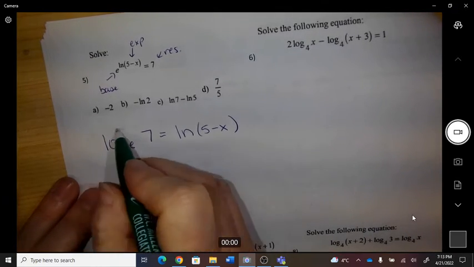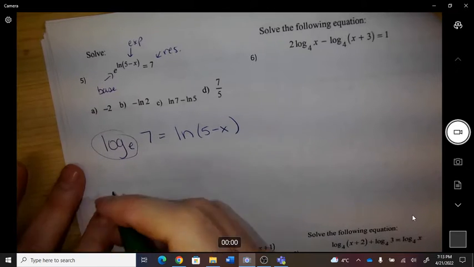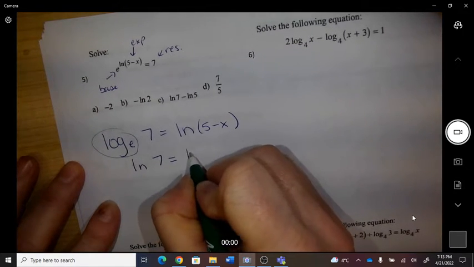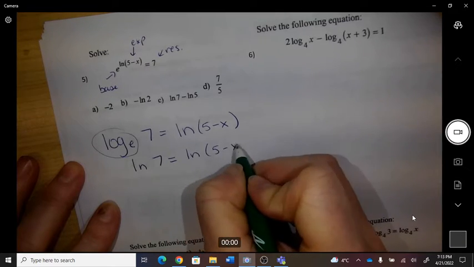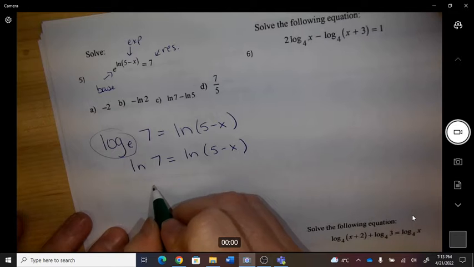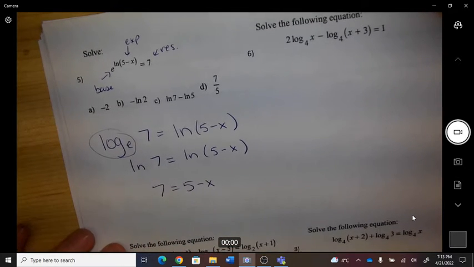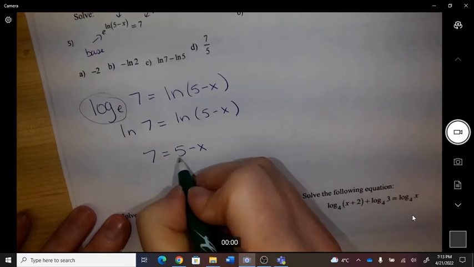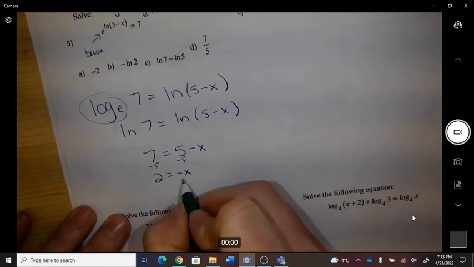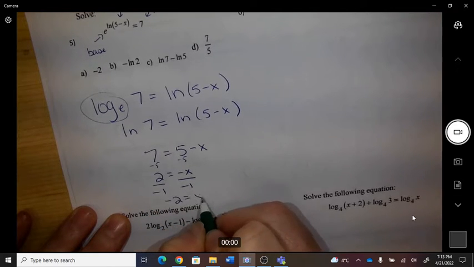Okay, and then we understand that the log e is the exact same thing as writing ln. So now all I have to conclude is that 7 is going to equal 5 minus x. So if I subtract 5, 2 equals negative x, divide, negative 2 equals x.